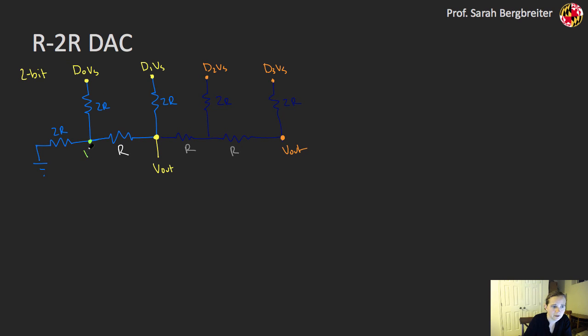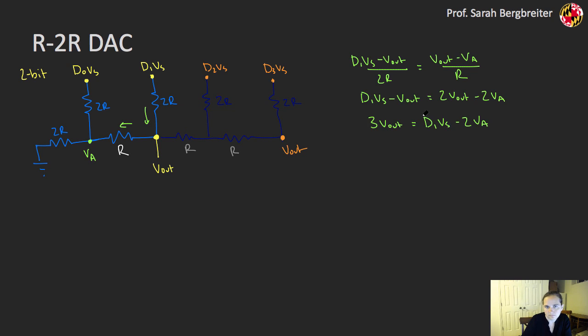I'm going to define a voltage node right here, VA, and then do my KCL once again. I'll start with these two currents right here: D1 times VS minus V out over 2R is equal to V out minus VA over R. Ultimately I get 3 V out is D1 times VS minus 2 times VA. Now I need to figure out VA.